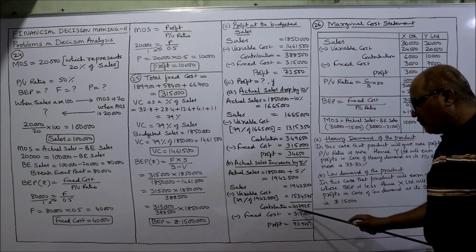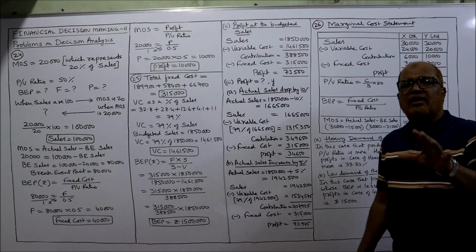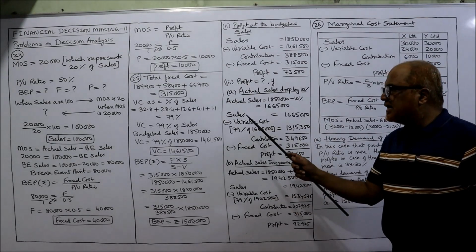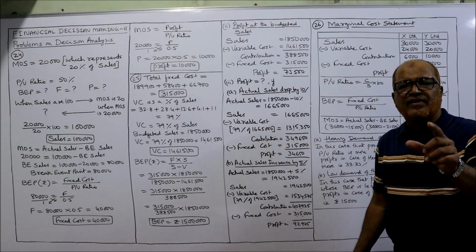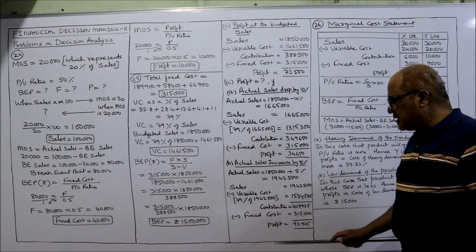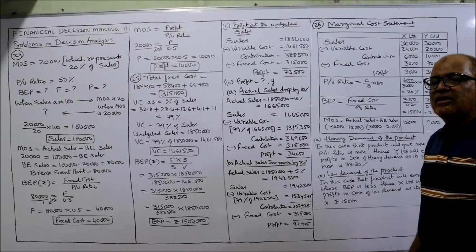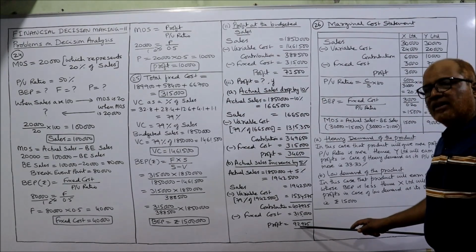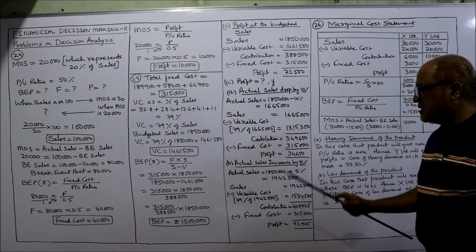Subtract, we get contribution 4,07,925. The fixed cost will remain the same whether sales have increased or decreased, because the fixed cost remains constant. Subtract 3,15,000, we get profit 92,925. So this profit will be obtained if the actual sales are 5% more than budgeted sales.